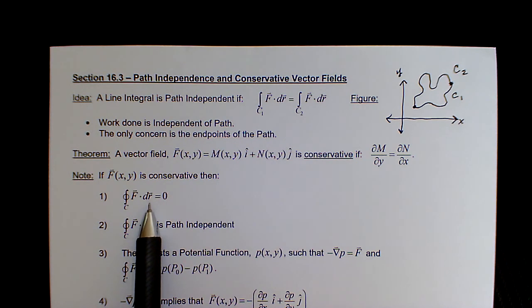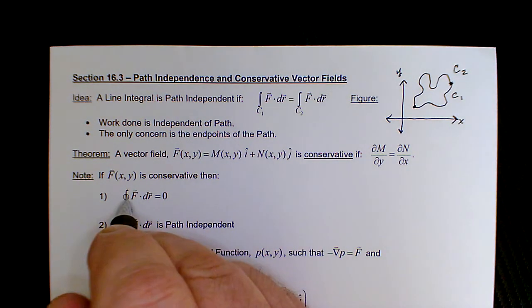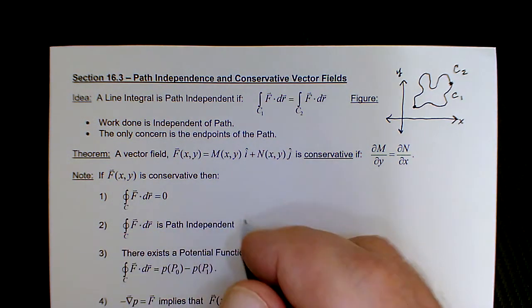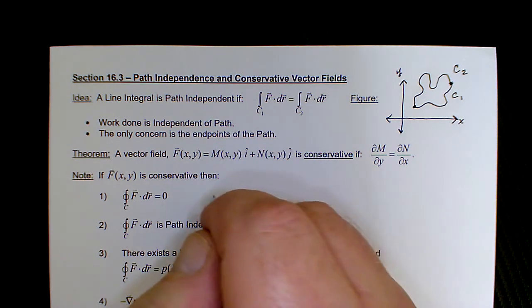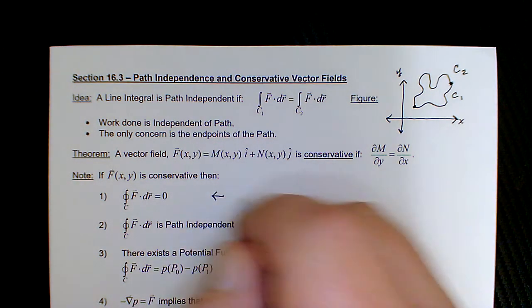The work is going to be 0 along a closed path. That little circle on the integral means that it's a closed path.